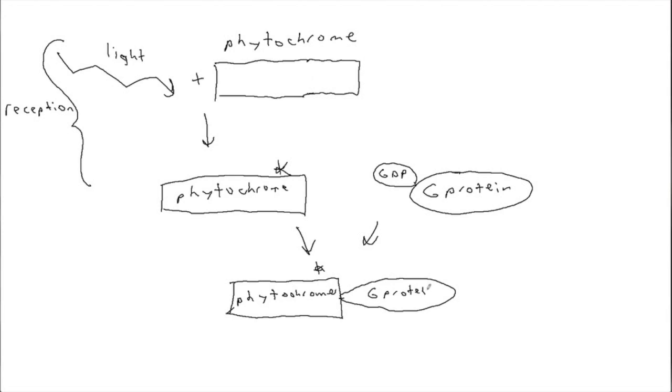Got it. The activated phytochrome attaches to the G protein. Okay. And that allows the G protein to exchange GDP for GTP.